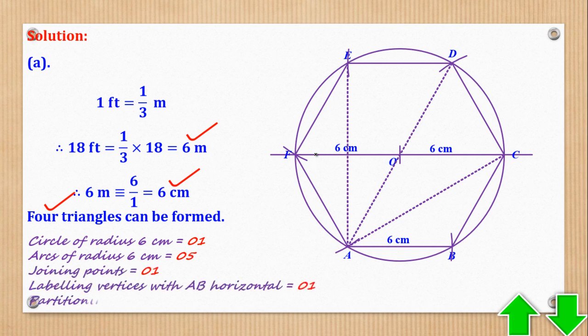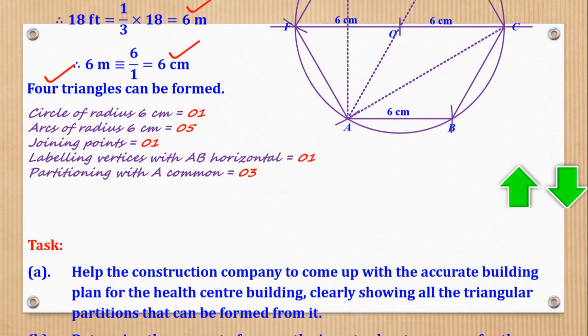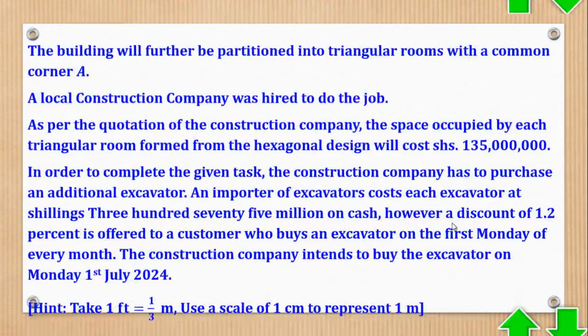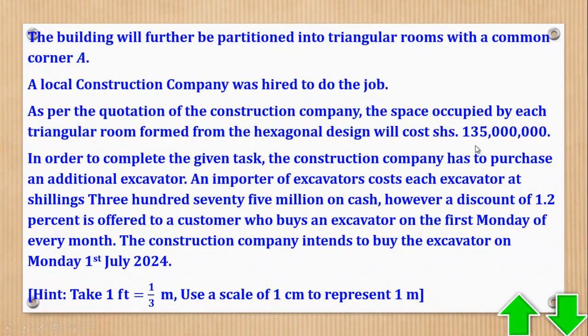So the scores for this slide. That was task A. Then task B says, determine the amount of money the investor has to prepare for the project. Remember, each triangular design is this, 335 million.